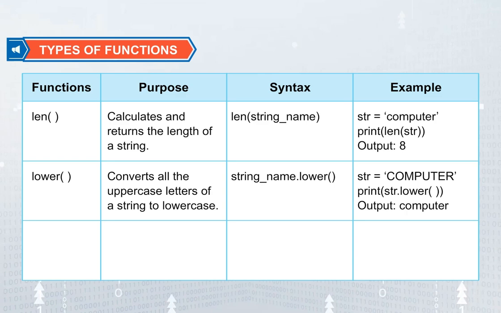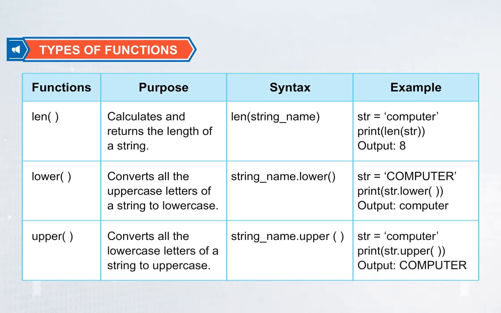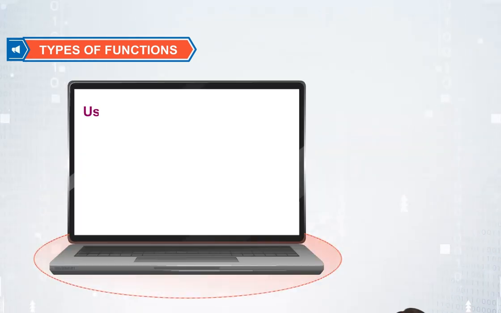Lower converts all the uppercase letters of a string to lowercase. string_name.lower(). str equals computer, print str.lower(), output computer. Upper converts all the lowercase letters of a string to uppercase. string_name.upper(). str equals computer, print str.upper(), output computer.